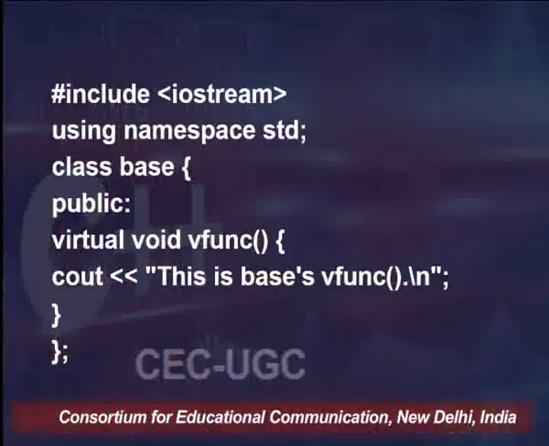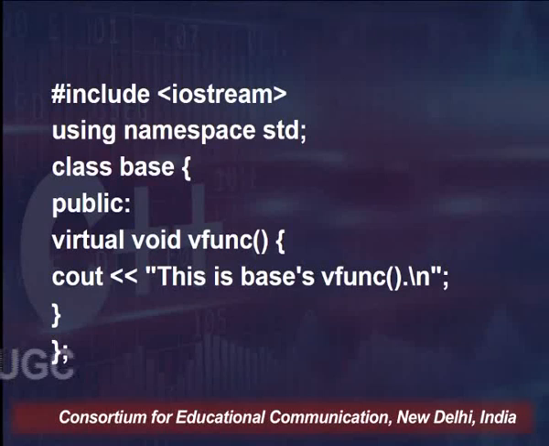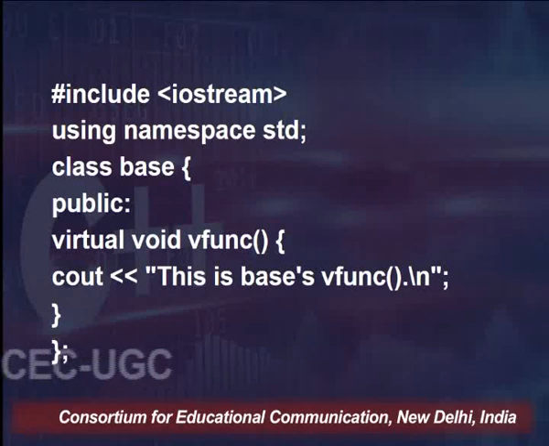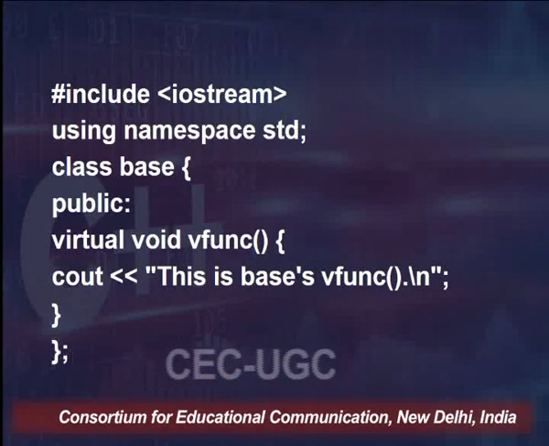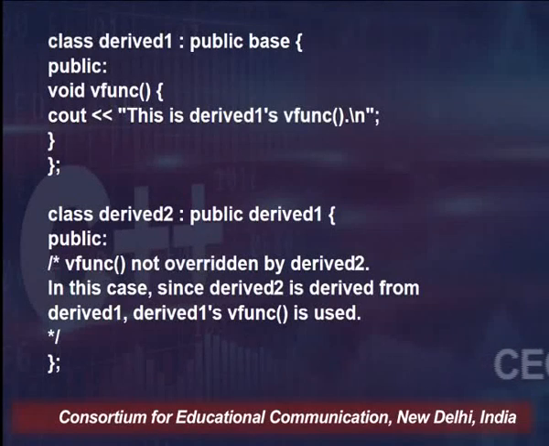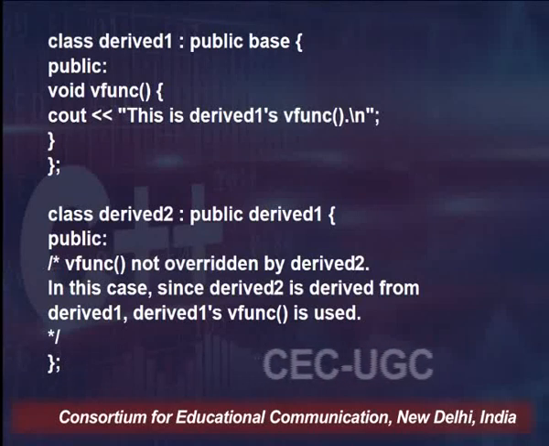So, we have hash include iostream and using namespace std. Within the base class, in the public section, we have virtual void vfunc, and this is the base version of vfunc. This definition of the base class is similar to that of the previous one, while a little twist comes when we talk about derived 2, but let us see derived 1 first.